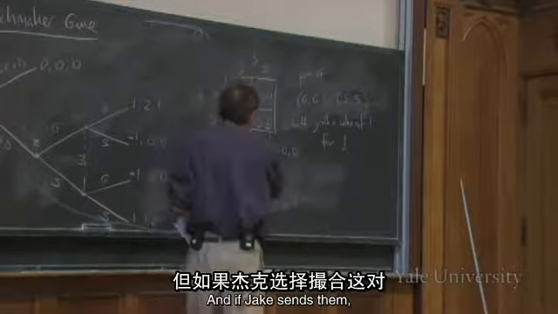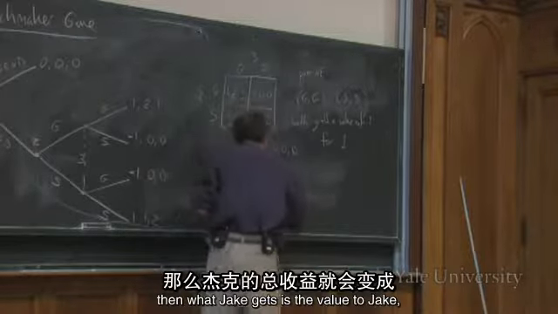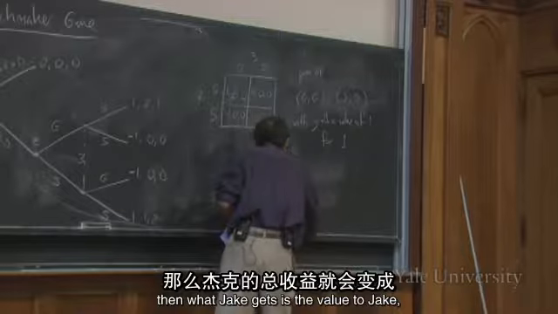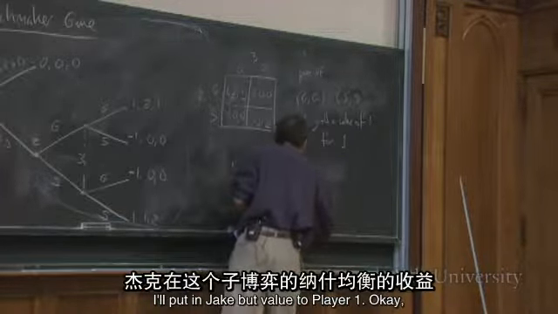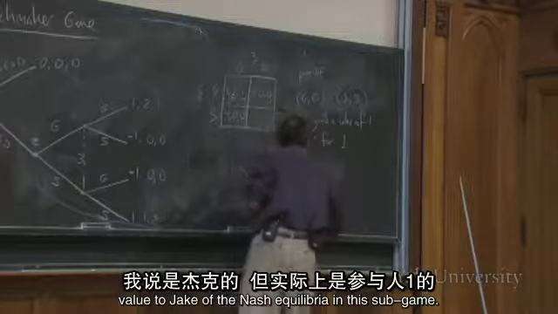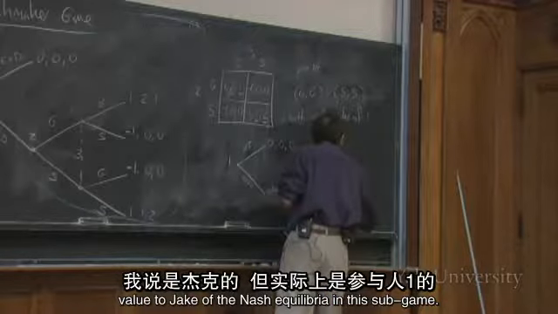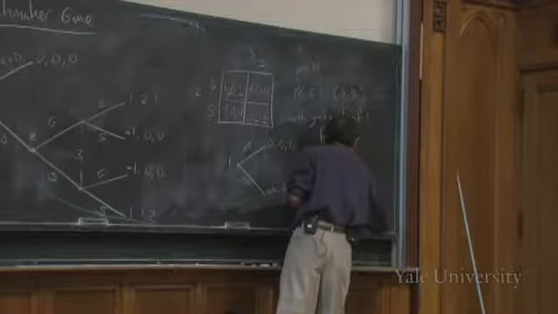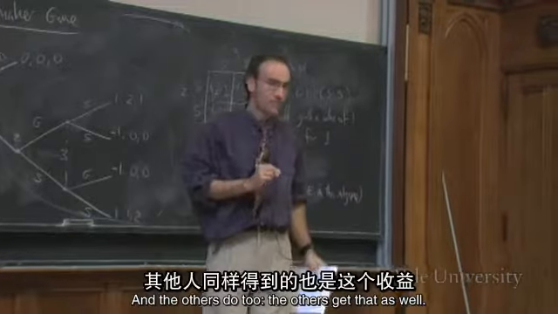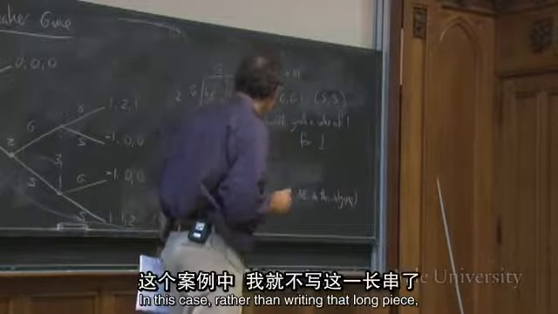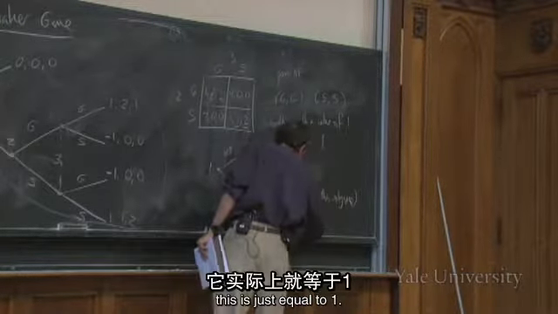And if Jake sends them, then what Jake gets is the value to player 1, value to Jake, of the Nash equilibria in this subgame. Rather a big thing to write, but that's what Jake gets. And the others do too, the others get that as well. And in this case, rather than writing that long piece, this is just equal to 1.